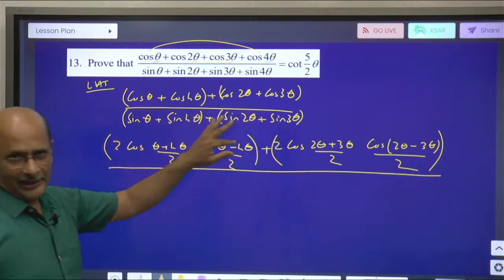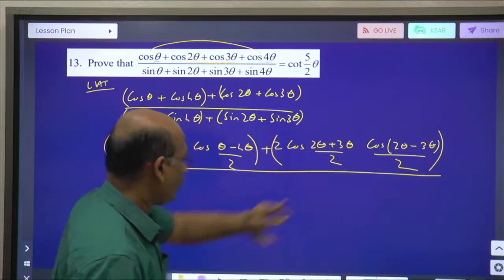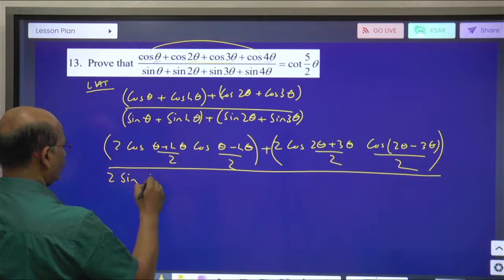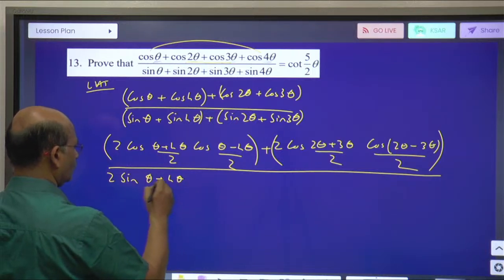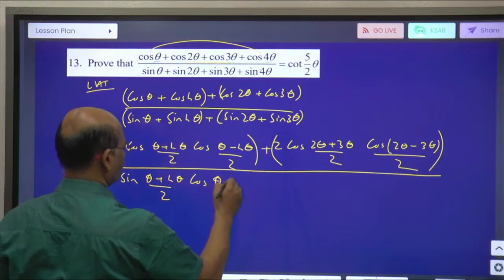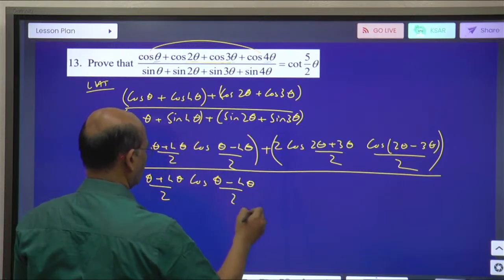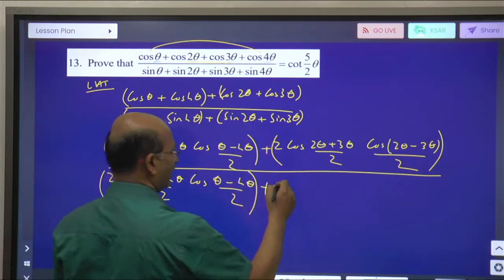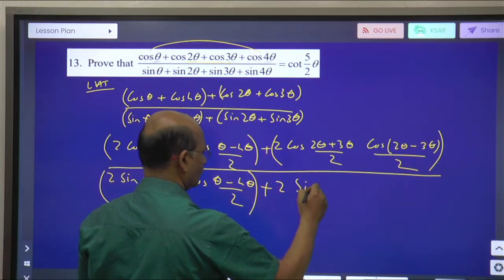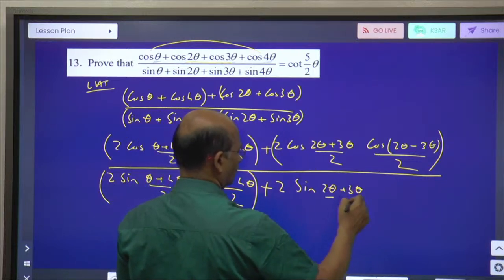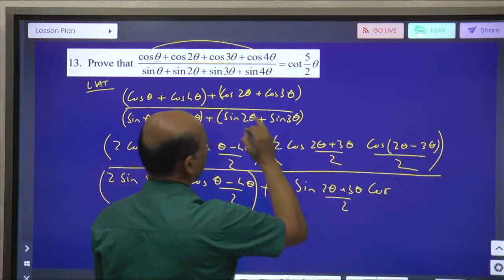Upon sin C plus sin D, addition of sin is sin cos, 2 sin of (C plus D) by 2, cos of (C minus D) by 2, plus again sin C plus sin D is 2 sin of (C plus D) by 2, cos of (C minus D) by 2.